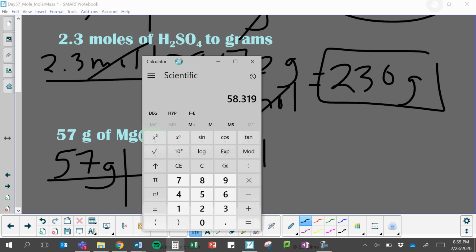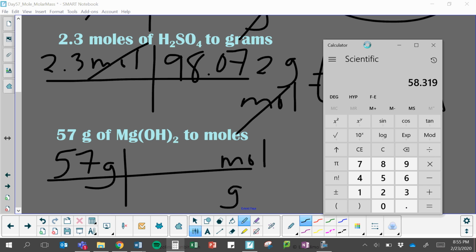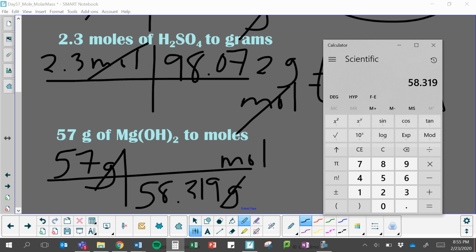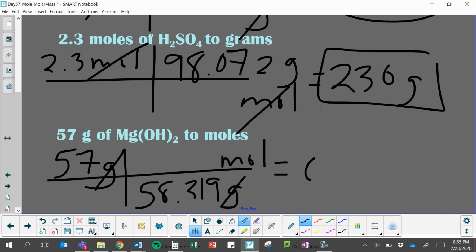So this is our molar mass for that. And that goes with our grams again, 58.319. So the grams cancel. So this time we're going to do 57 divided by 58.319. We have this number. We use 2 sig figs, so this is going to be 0.98 moles.